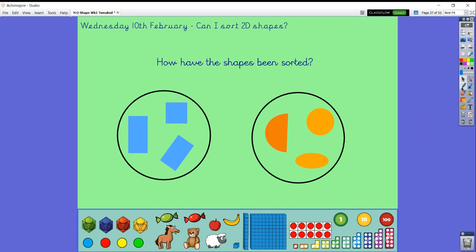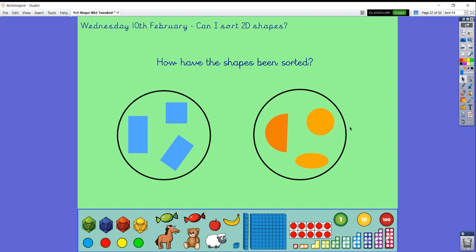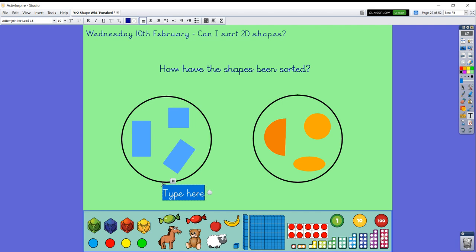Brilliant. Well, I'm actually going to move these over a little bit because I can't do that. So I've noticed that the sides on here are all straight. So these have only got straight sides.